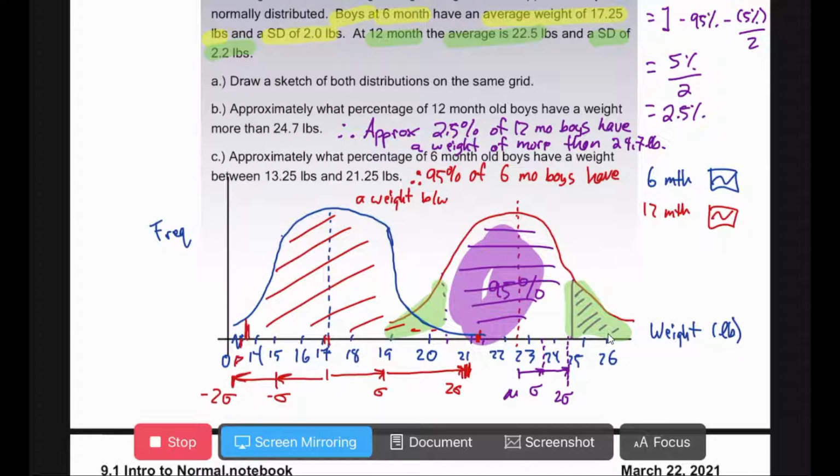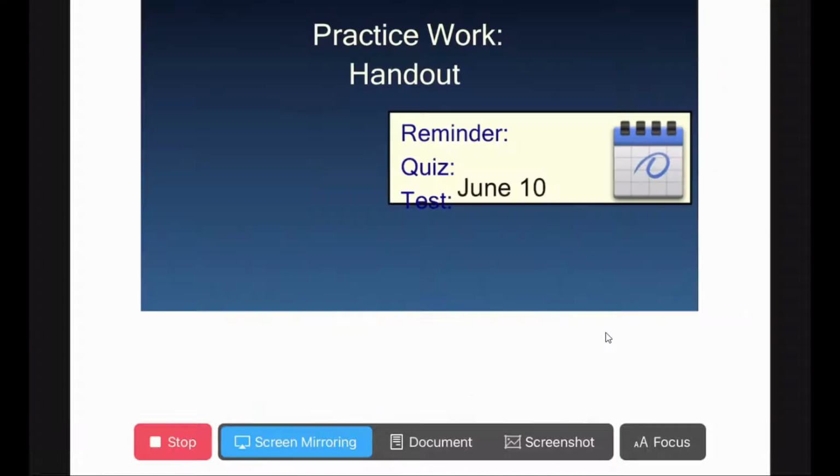Just going to use some short forms to save some room here, between 13.25 pounds and 21.25 pounds. All right, so it turns out the normal distribution and our 68, 95, 99.7 rule are pretty useful and let us answer some pretty interesting application questions pretty easily.